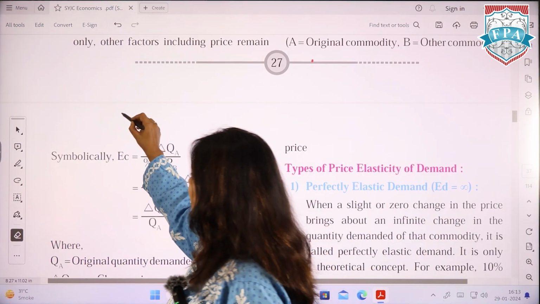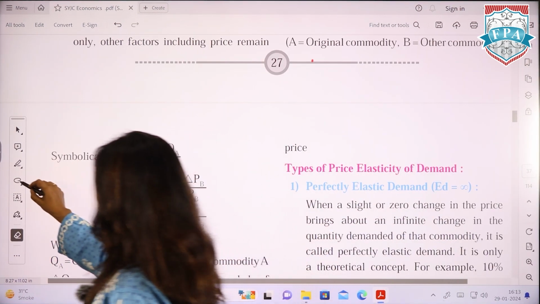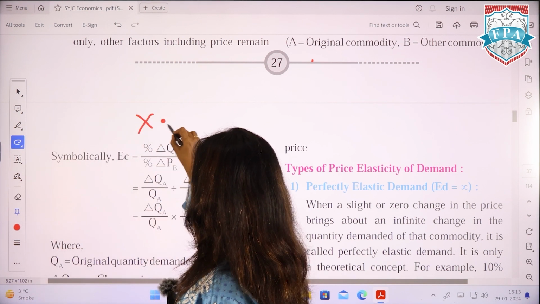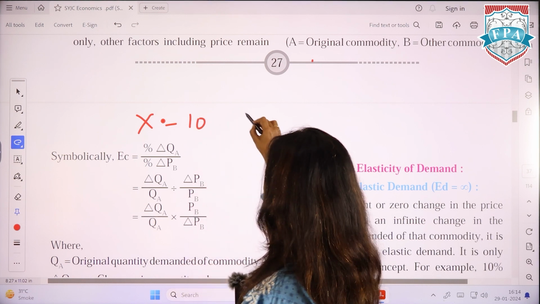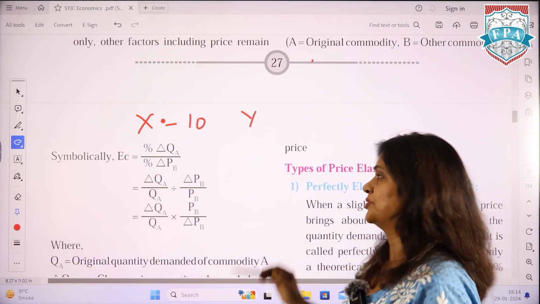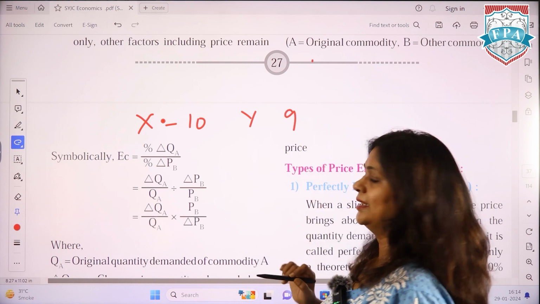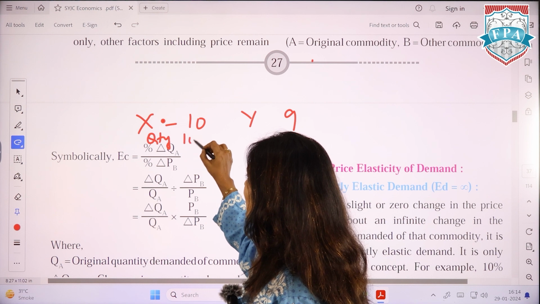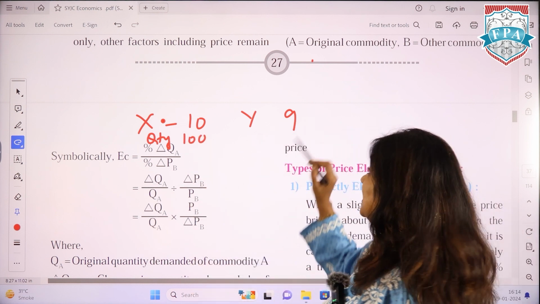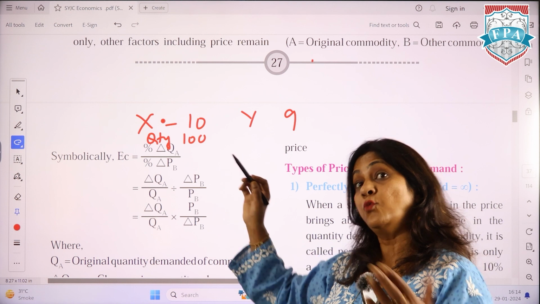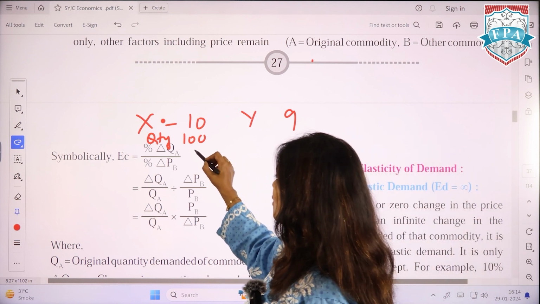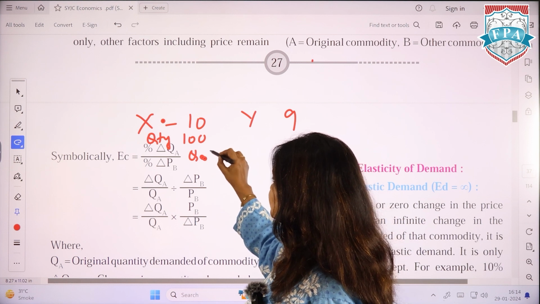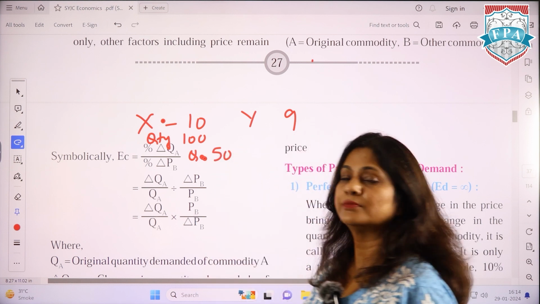So if the price of good X is 10, but the price of good Y, which is a perfect substitute, has become 9, if original quantity demanded of X was 100, but now when the price of Y has become 9, the quantity demanded of X has become 50, right?